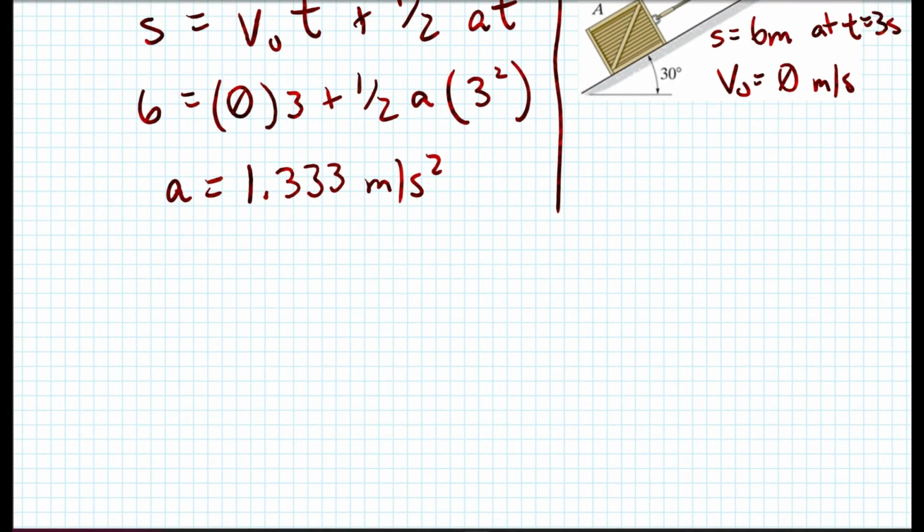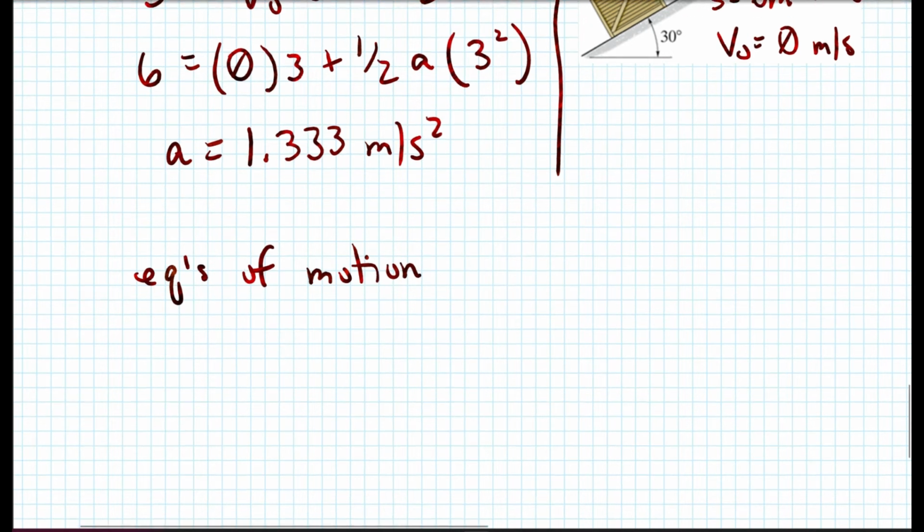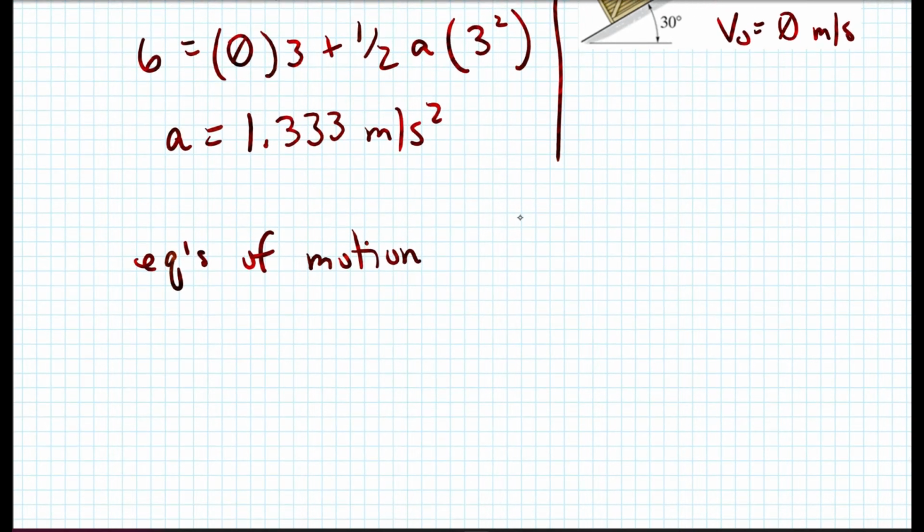Alright, next applying the equations of motion. Alright, so here's how it'll look. So we say positive is in that direction since we rotated it. The sum of the forces in the y equals 0.